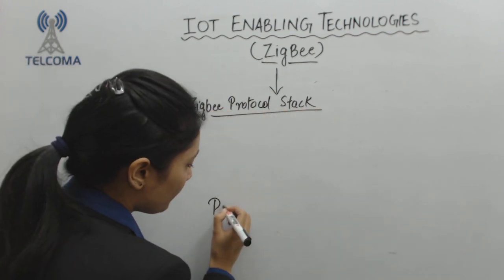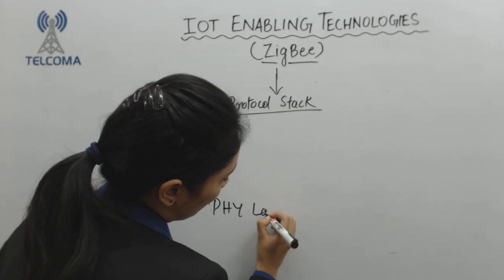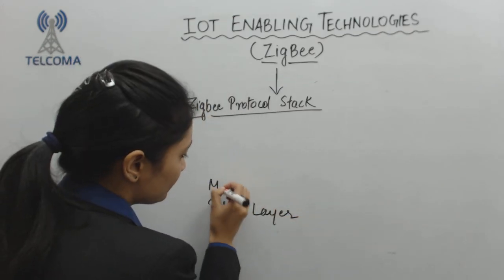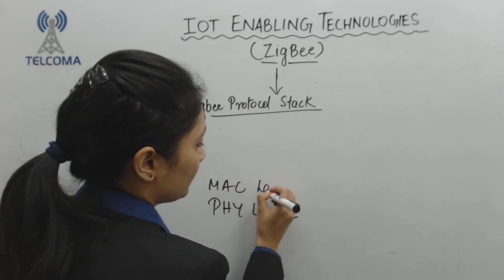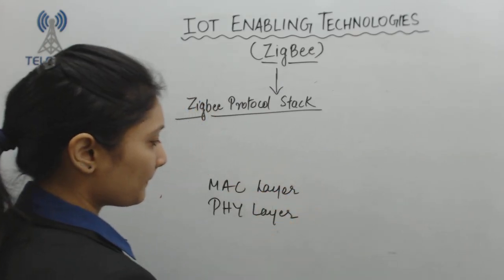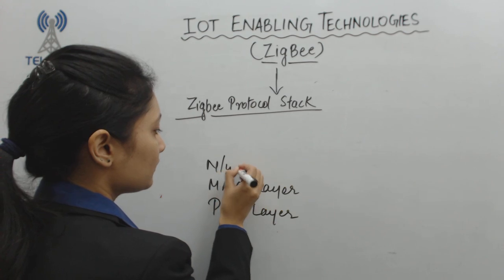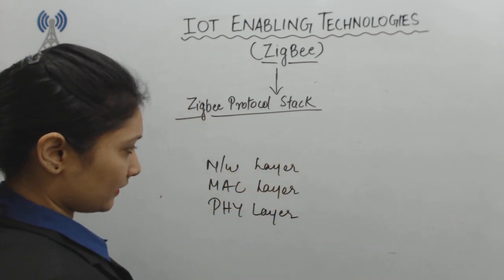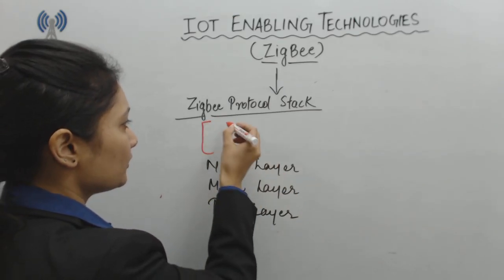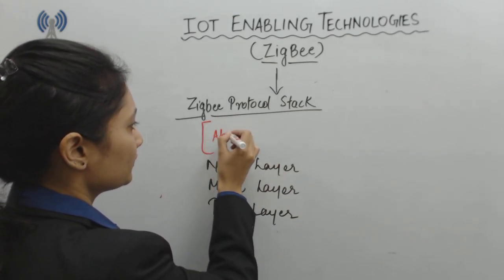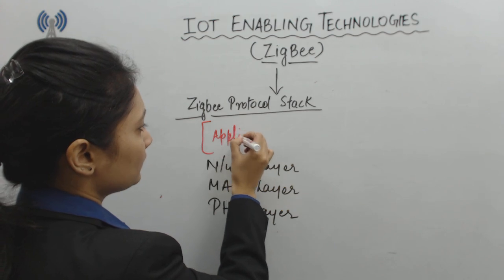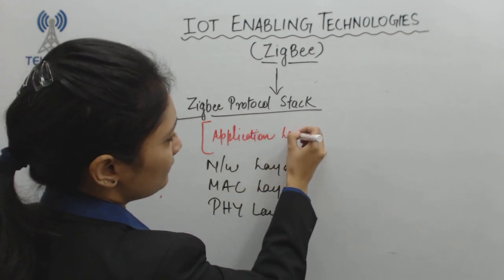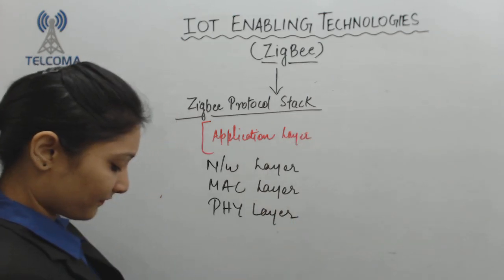First of all, we know that we have the physical layer, then your MAC layer, your network layer, then you have your application layer here.